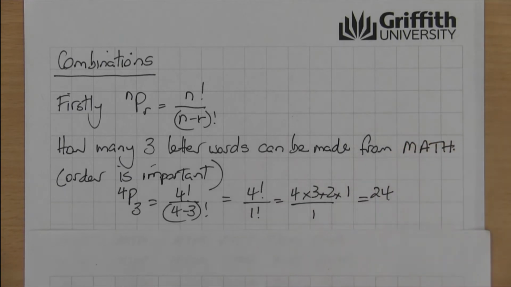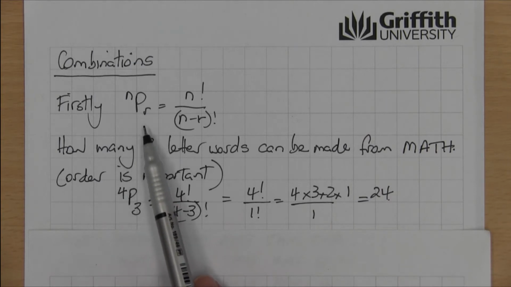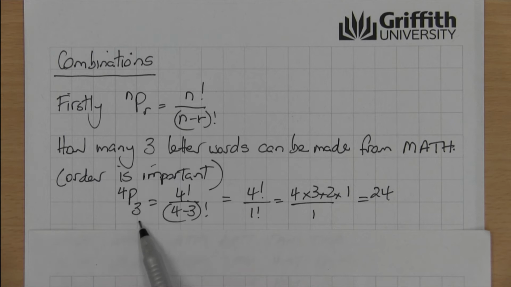And if we were to calculate it, we use the formula NPR, so it would be 4P3, which is 4 factorial, this number goes up the top, and then 4 minus 3 factorial at the bottom. 1 factorial is just 1. But 4 factorial are all the factors starting at that number all the way down to 1: 4 times 3 times 2 times 1.